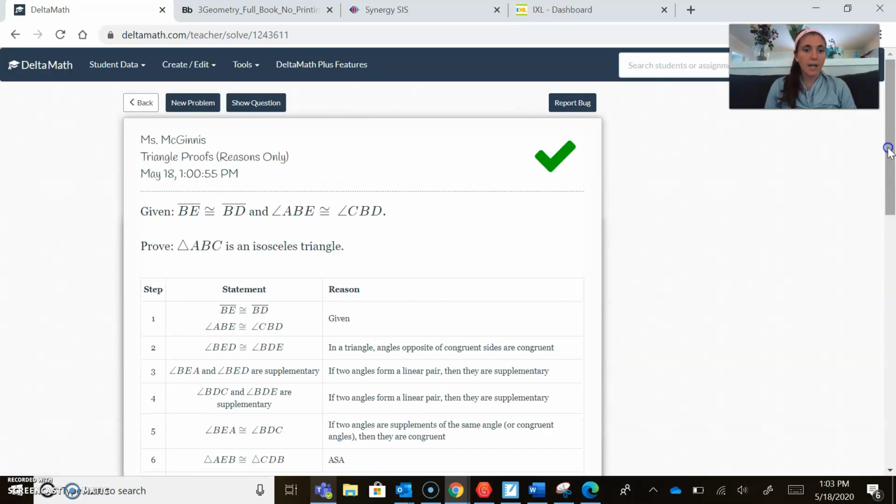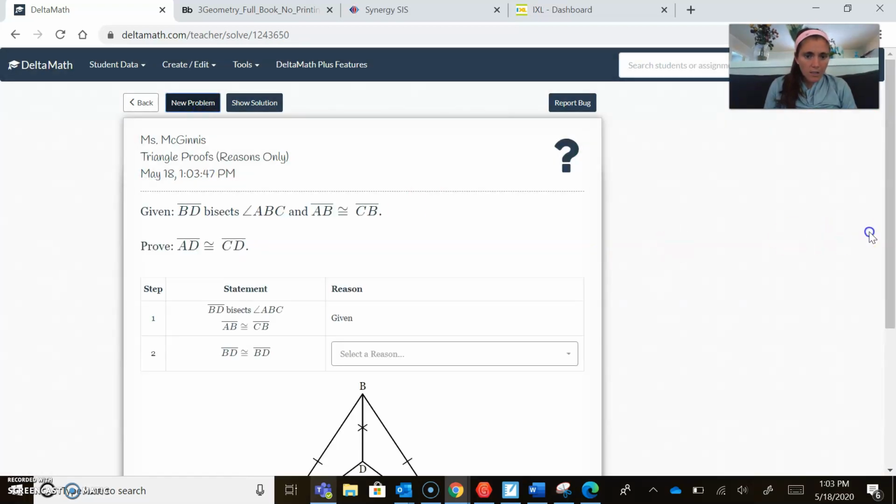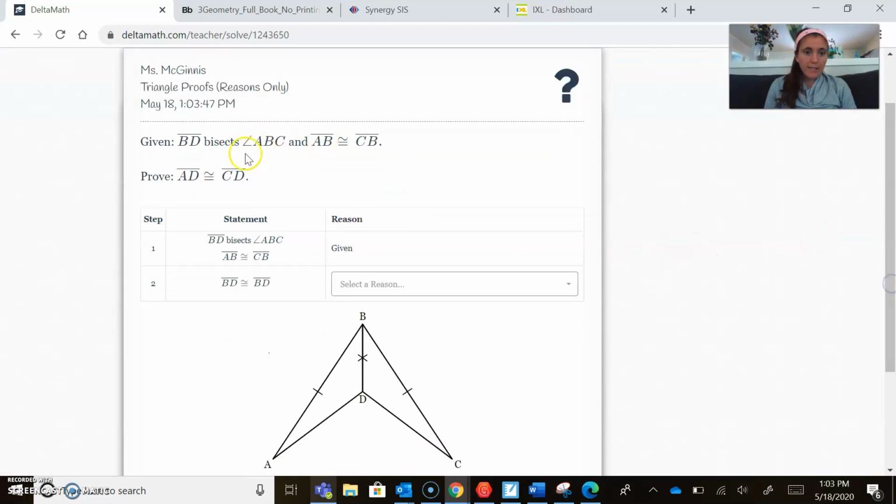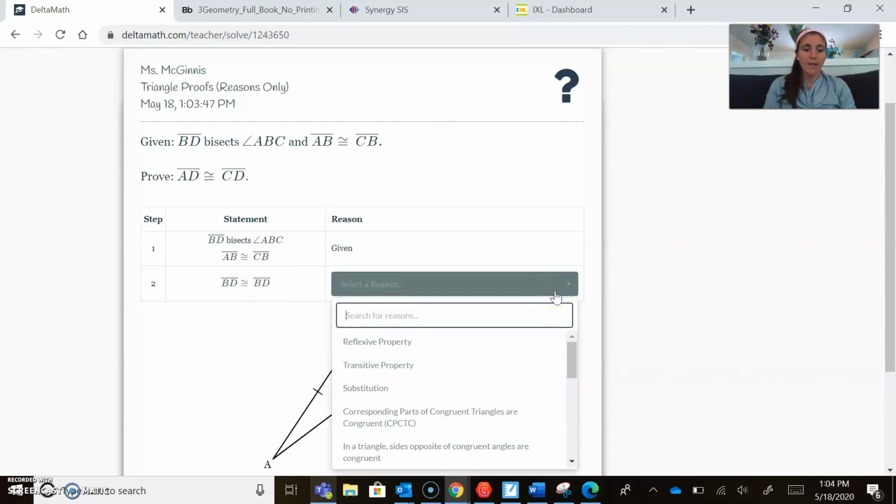All right, let's try one more of these. Okay, BD bisects ABC. So that means it's cutting it in half. And AB is congruent to CB. Okay, we can see that. So BD is going to be congruent to itself by the reflexive property.